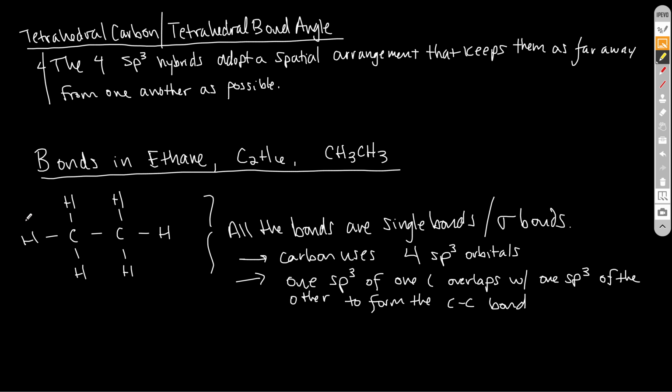It looks like this. All the bonds are single bonds, or sigma bonds, as mentioned earlier. Carbon uses 4 sp3 orbitals. One of the sp3 orbitals of one carbon will overlap with an sp3 of the other carbon to form the carbon-carbon bond.